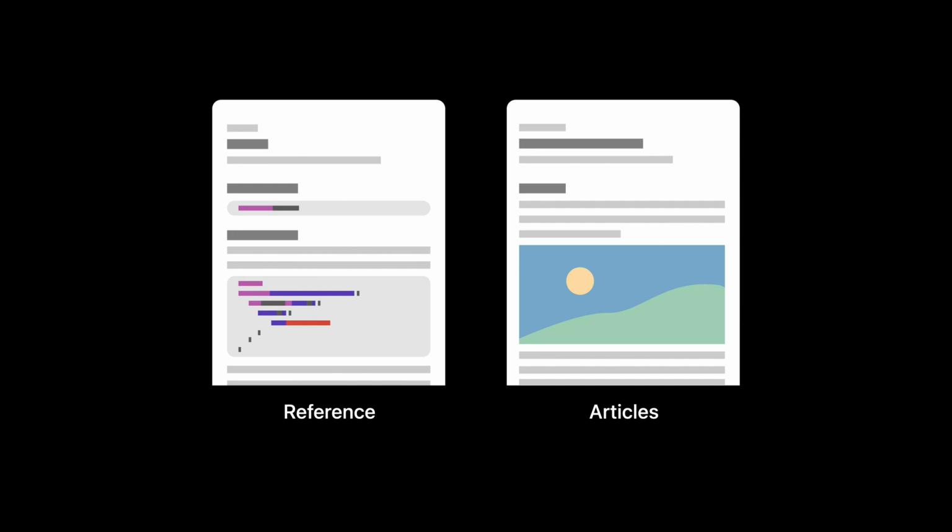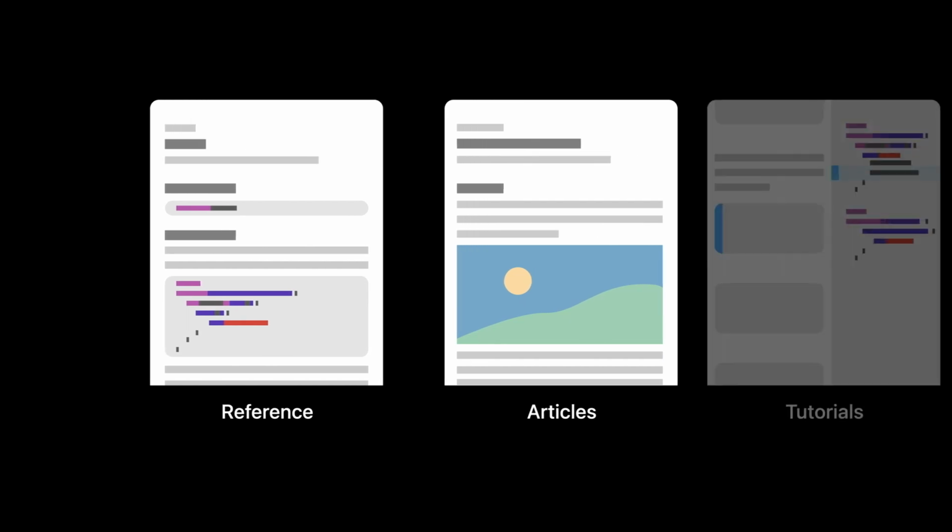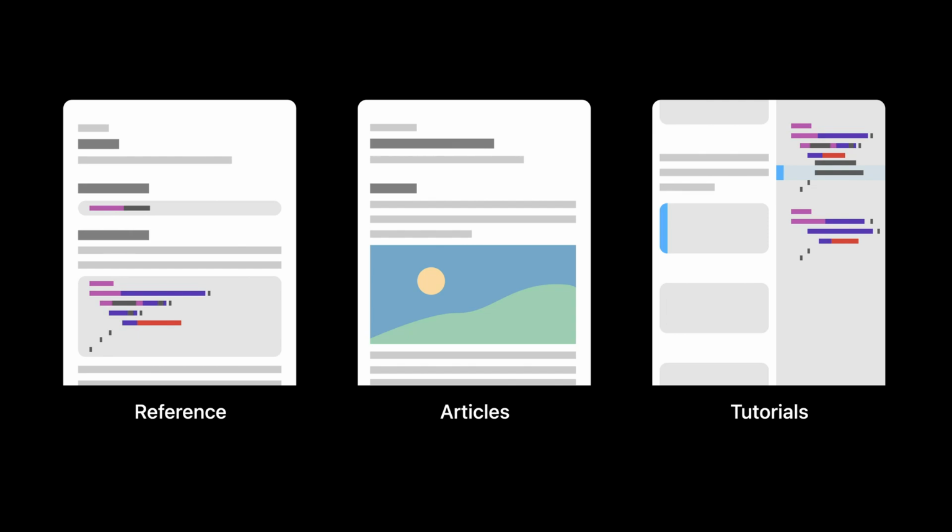Articles allow you to walk users through the big picture behind your framework, giving you an opportunity to tie individual items in your framework together with a cohesive story. And tutorials are a powerful step-by-step walkthrough of writing a project that uses your framework. They allow you to go much deeper than reference documentation or articles by giving your users a guided introduction to your framework from the ground up.